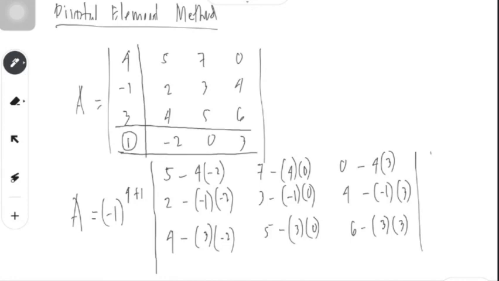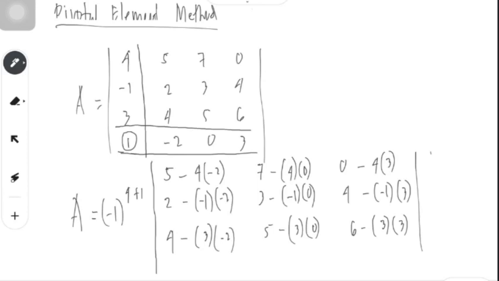And to form the new determinant, ang sabi dito, from each element of the resulting determinant of order n minus 1, subtract the product of the element in which the row and column containing aij are met by the row and column containing that element. Tulad halimbawa dun sa 5.